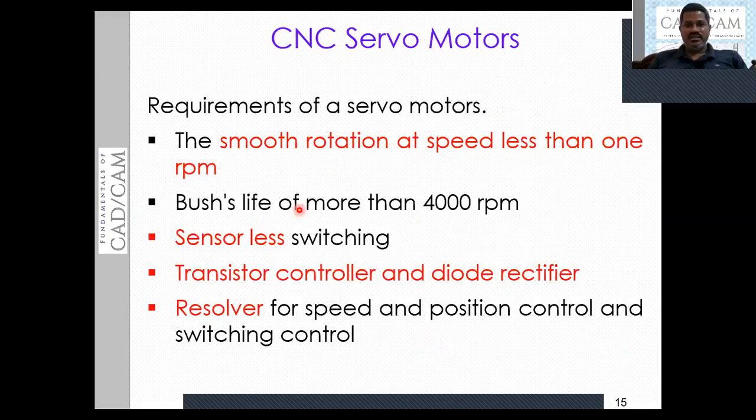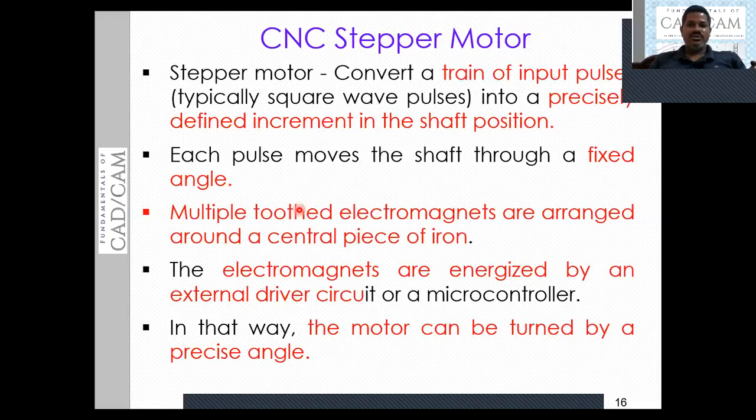But the stepper motor takes the input pulse into precisely defined increments in the shaft position. That means the position of the shaft is controlled by the discretized pulse signal. So this pulse signal is going to continuously control the movement of the rotor or the shaft accurately.